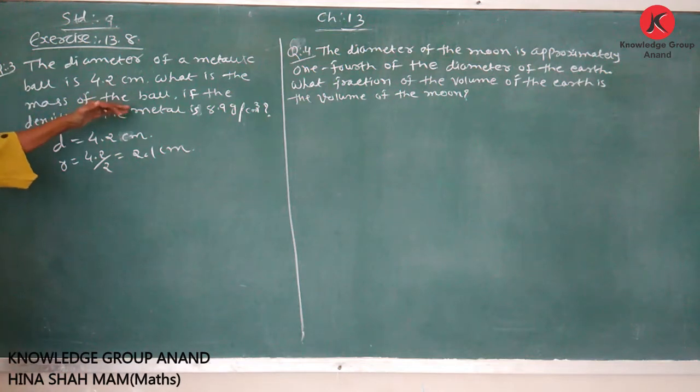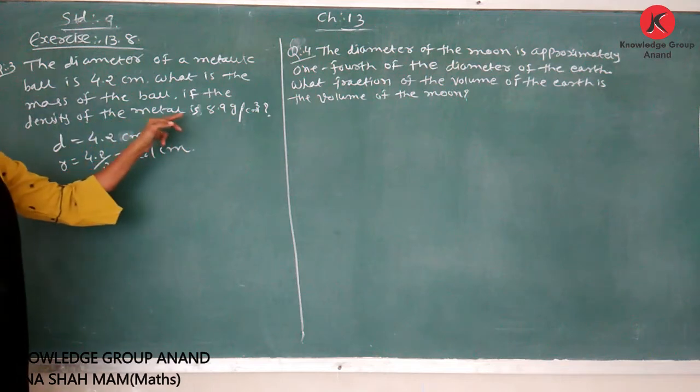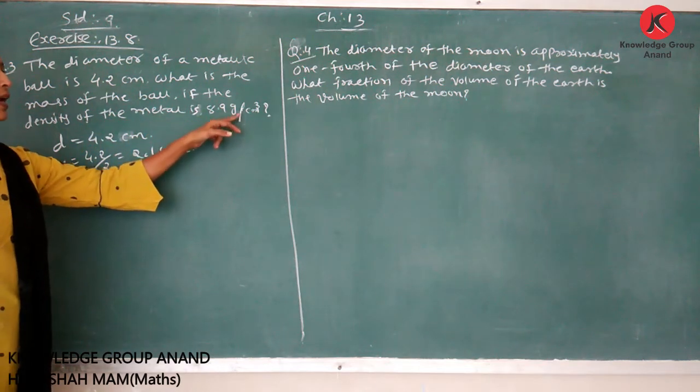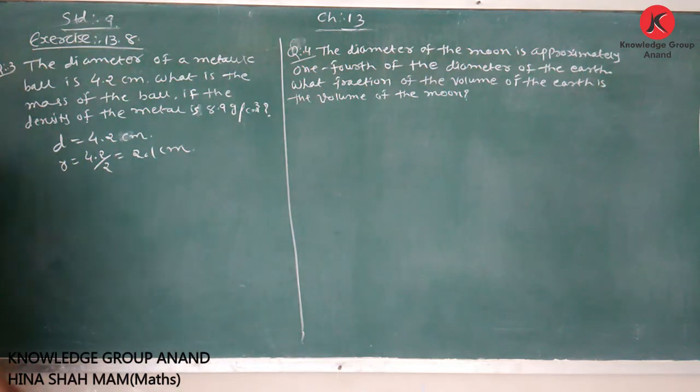What is the mass of the ball, if the density of the matter is 8.9 gram per centimeter cube? Here, first we find the volume of the metallic ball. It is in a spherical shape. We find its volume and convert into gram, its mass. Then find its mass.